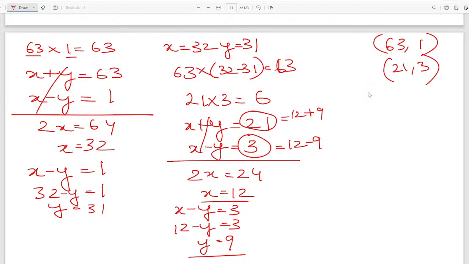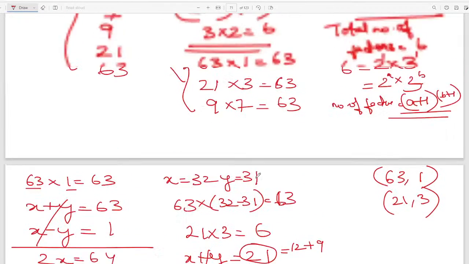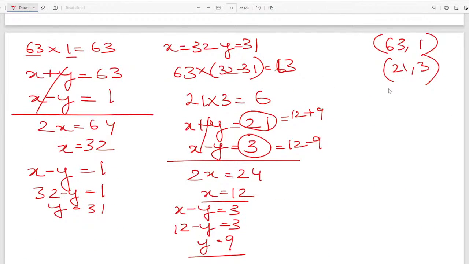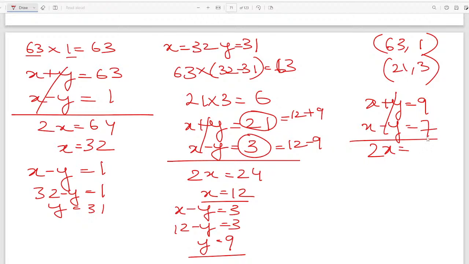So the next pair, we'll check whether this will satisfy x plus y into x minus y. That is 9 into 7. x plus y is equal to 9, x minus y is equal to 7. 2x is equal to 9 plus 7, it is 16. x is equal to 8.